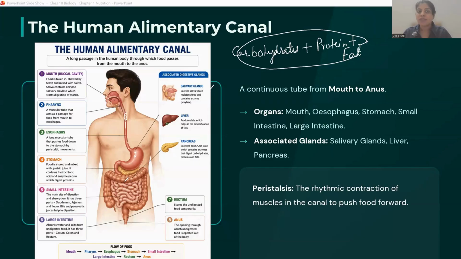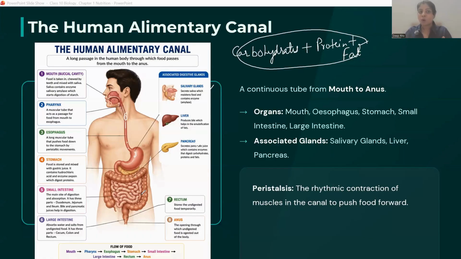Now the partially digested food goes on to the large intestine, where absorption happens. So it has three parts. One, half the food is absorbed in the small intestine. It has villi and microvilli, which increase the surface area and help the food to be absorbed there.